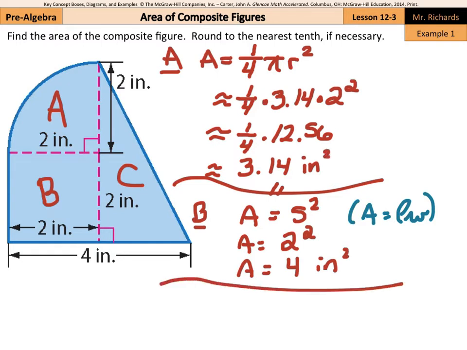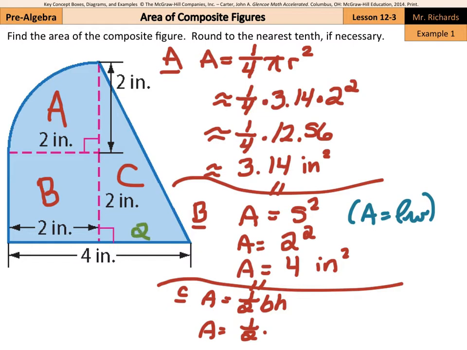Shape C is a triangle. And triangles can be found by area equals 1/2 base times height. So area is going to equal 1/2 the length of my base here. Well, the whole shape is 4. This piece of it is 2. So 4 minus 2 gets me what's left here, which is 2.